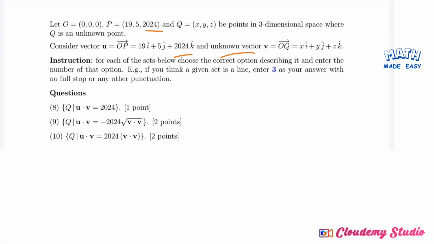So our first question is that u dot v, the dot product of u and v, is 2024. So clearly our dot product is |u||v| cos of theta. Now this is showing a plane perpendicular to u, of course.